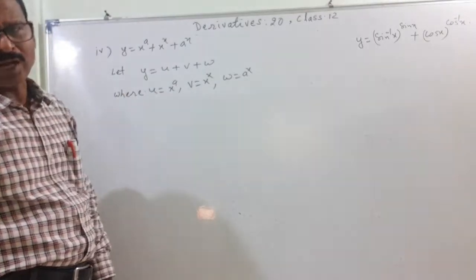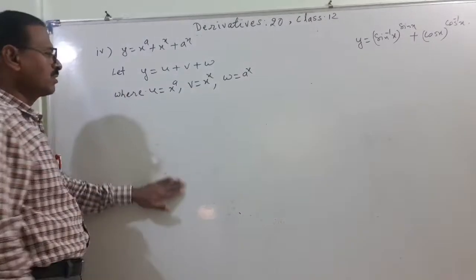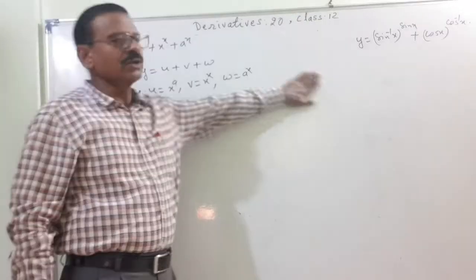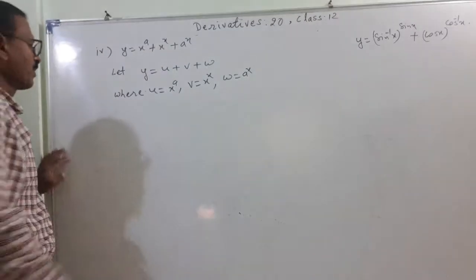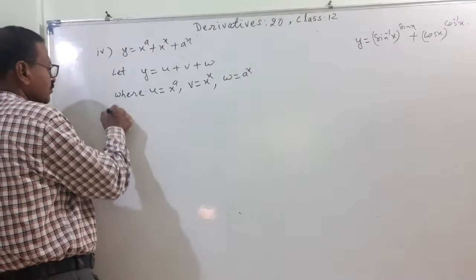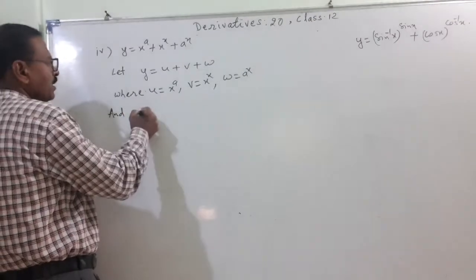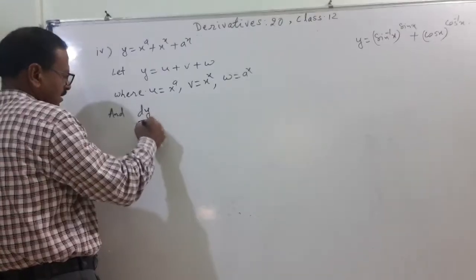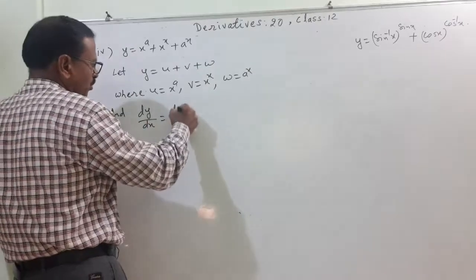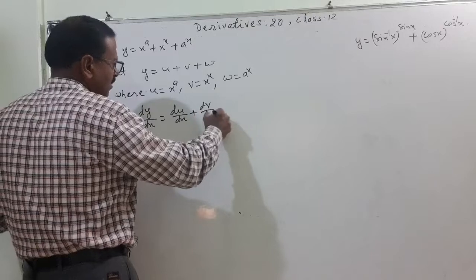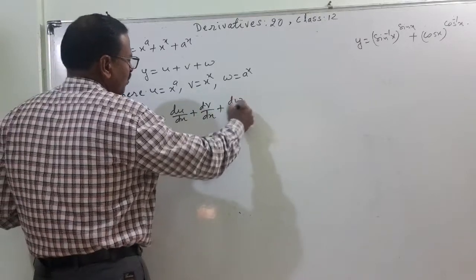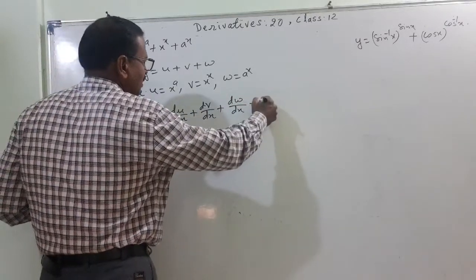If you write it, then also fine, and if you don't write it, then also it is understandable. Okay. And dy by dx is equal to du by dx plus dv by dx plus dw by dx. This is your number 1.